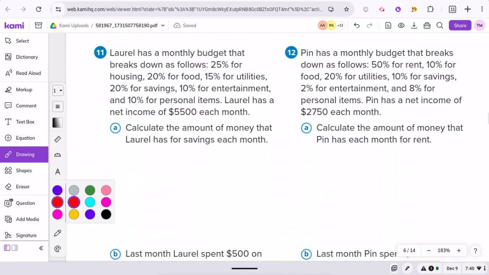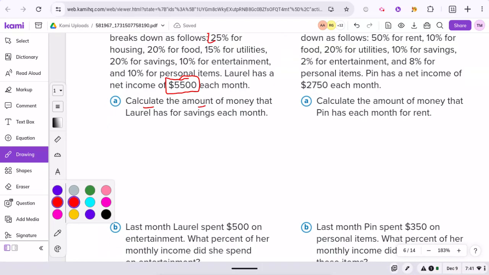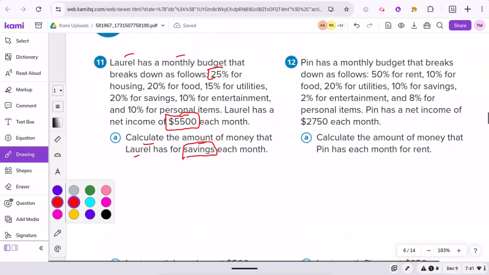And then number 11 says she has a monthly budget, and these are her breakdowns for the percentages. And her net income is 5,500 each month. It says to calculate the amount of money that Laurel has for savings each month. So you've got to look up here, and I see 20% for savings.